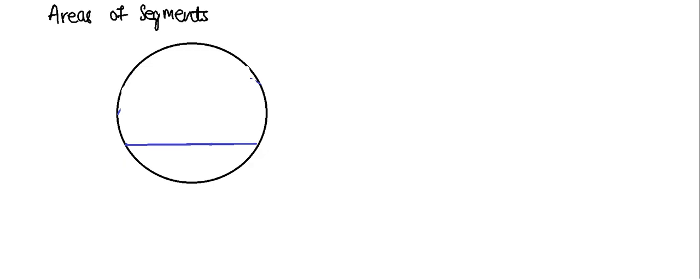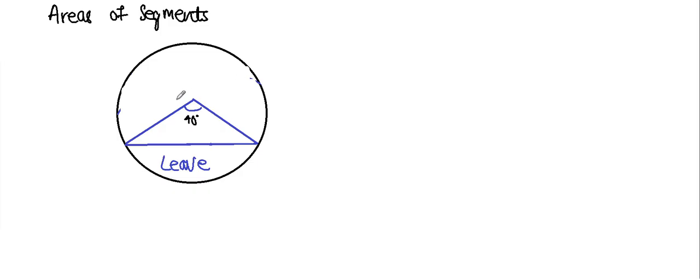Can I divide this segment as well by forming a triangle? We're just focusing on this. Leave this part for now. Let's form lines like this. Okay? What do I have? A triangle. Good.